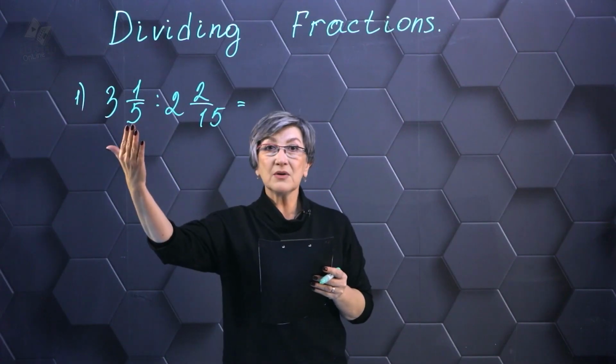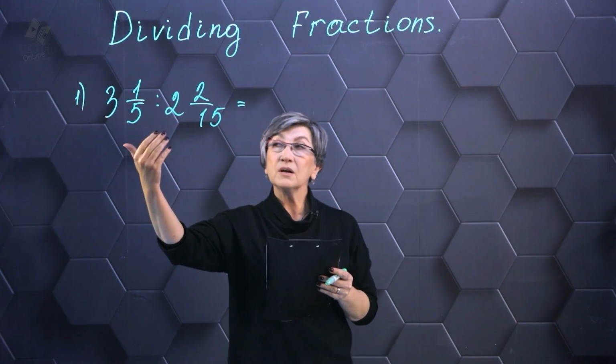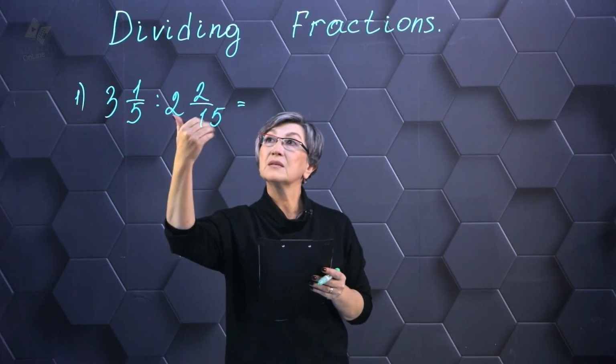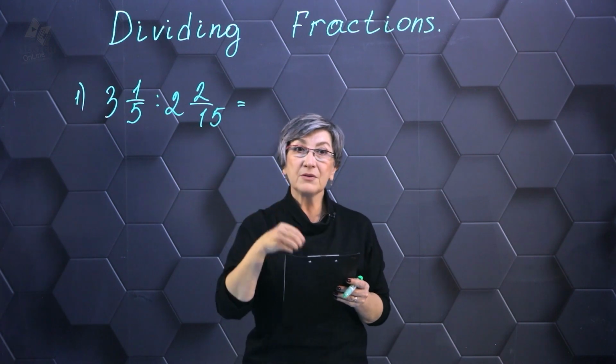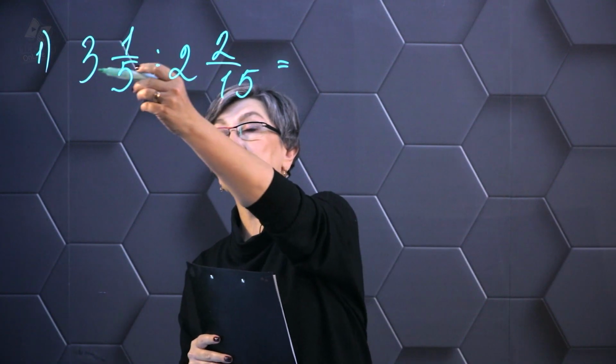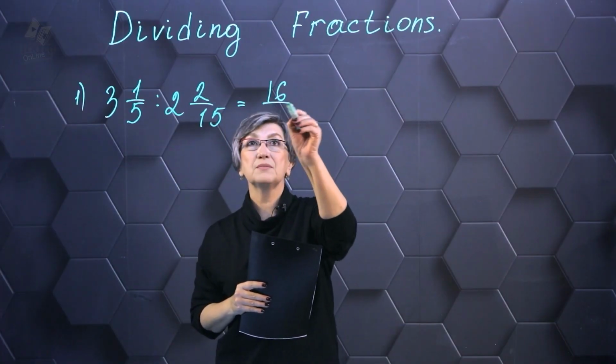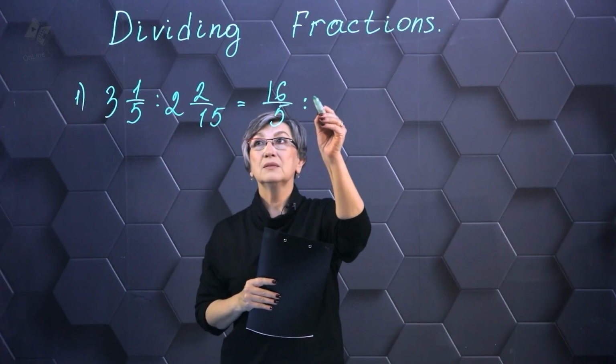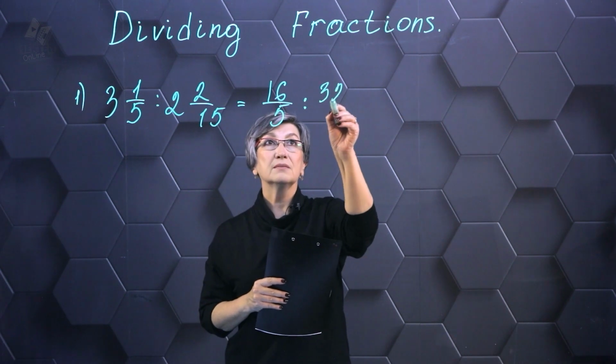And that's for mixed numbers. So here I'm going to convert to improper fractions. That is 3 whole 1/5 and 2 whole 2/15 I will convert to an improper fraction. What is the result? 16/5 divided by 32/15.